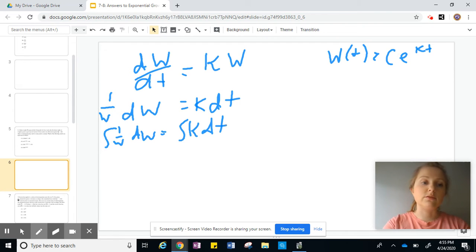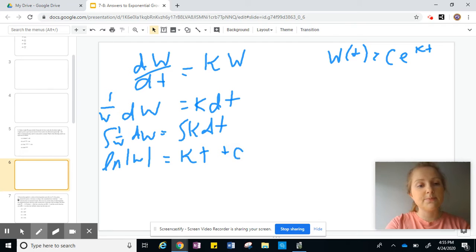We know the antiderivative of 1 over W is natural log of the absolute value of W, and the antiderivative of k dt, since k is just a constant, is kt plus c. To get the W alone, we do this.